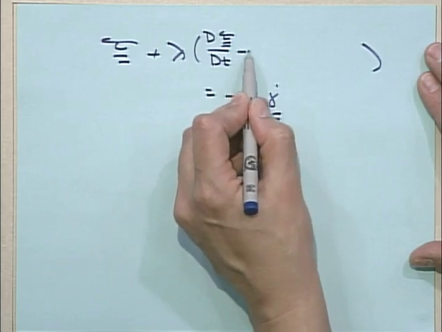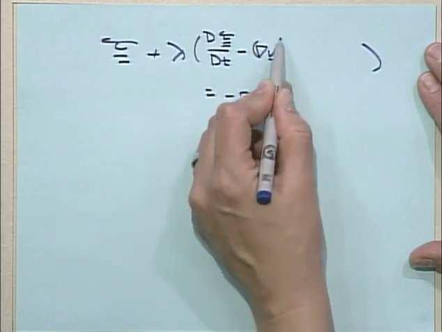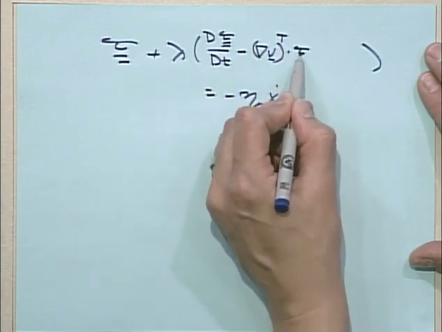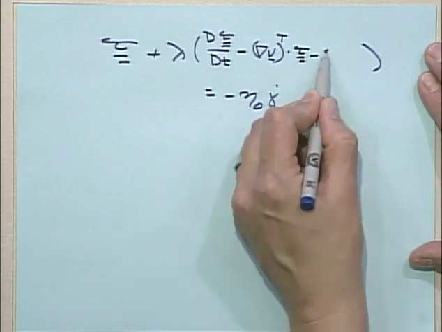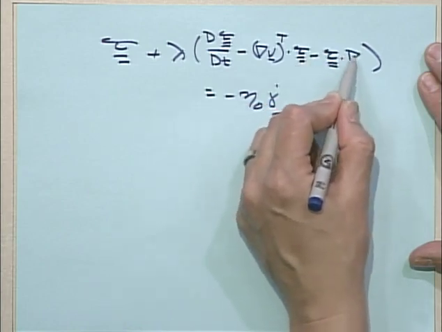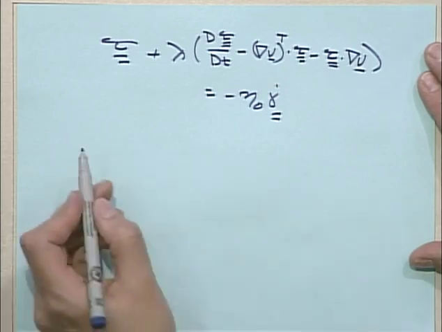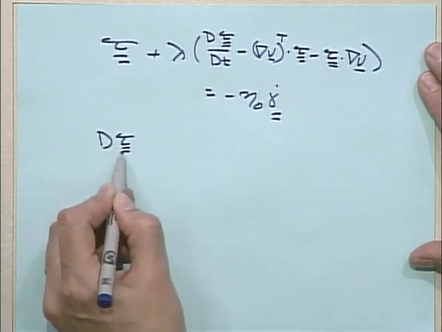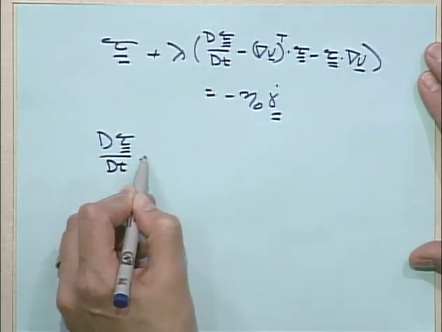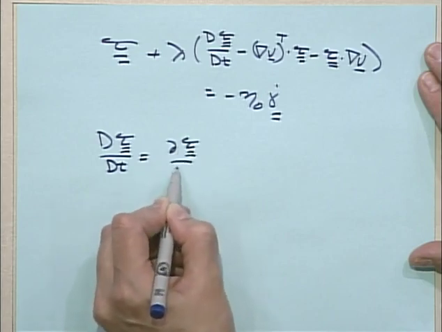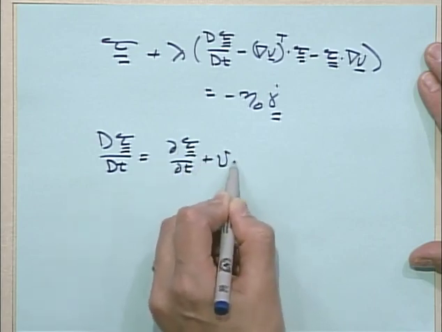And then these interesting terms, del V transpose dot stress minus stress dot del V, where d tau dt is equal to the partial derivative plus v dot del tau.